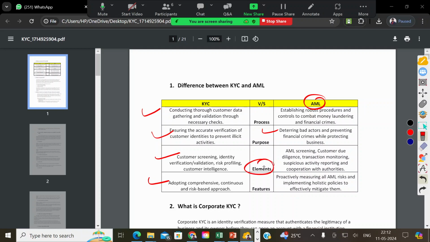So let's talk about some elements. In terms of elements, we have AML screening, customer due diligence, transaction monitoring, and a suspicious activity reporting process in place. And apart from that, cooperation with authorities. Cooperation with authorities means the ED, Enforcement Directorate of India. They control these AML activities, anti-money laundering activities.